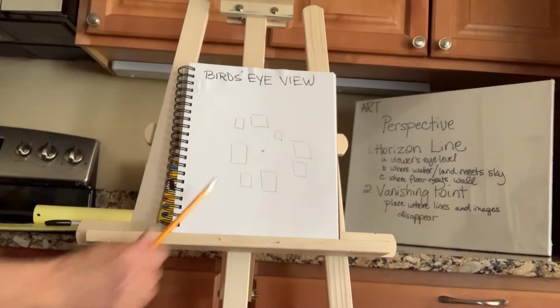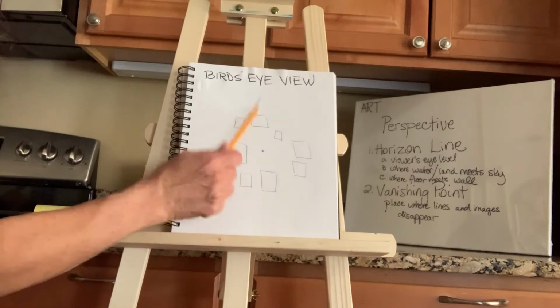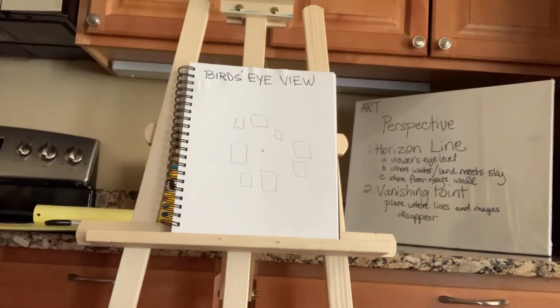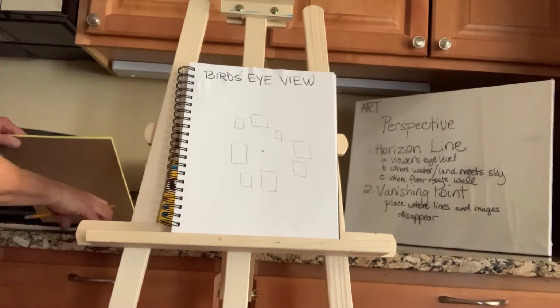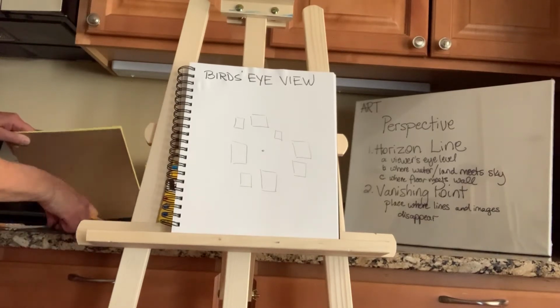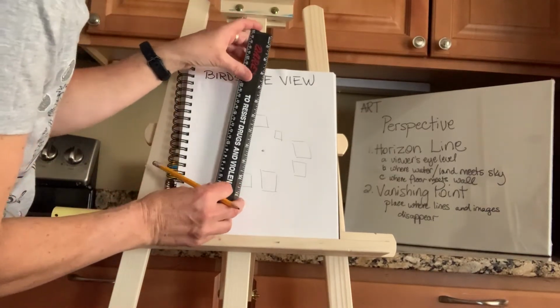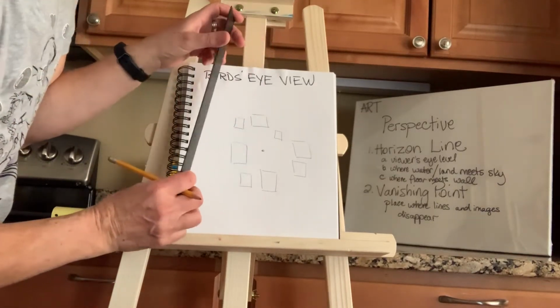Okay. 1, 2, 3, 4, 5, 6, 7, 8. So I've got 8 squares. If you have a ruler, grab your ruler. And if you don't, that's all right. You can go ahead and just draw the lines, or you can use some other straight edge to draw them.